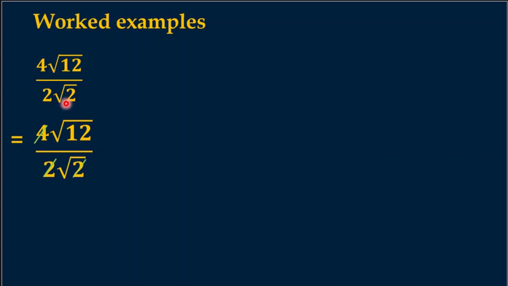So this is what eventually happens, and we get 2 root 6. This cancelled this 2 times, and this cancelled this 6 times, and we recall that these two are under a square root, and so we repeat the square root.